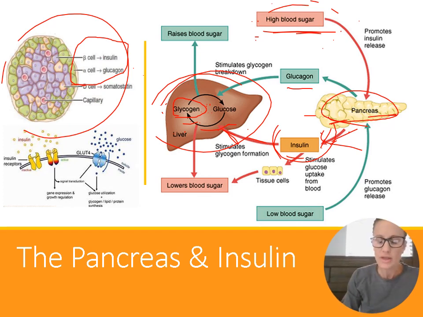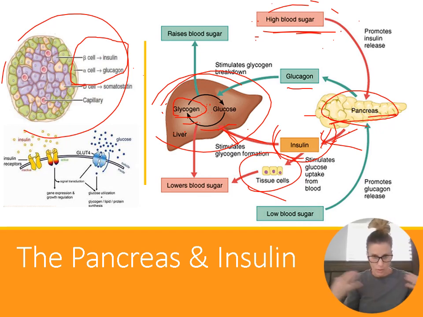Insulin also is involved in allowing our body cells to take up that glucose. There are some glucose transporters that are not present and active in the cell membrane unless insulin is present.